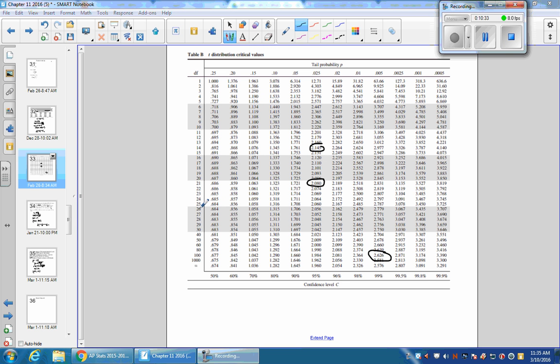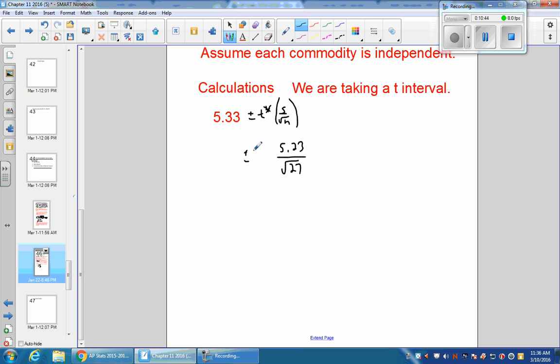You look at the n is 27, we go back to 26, you go to 90% confidence interval, and that's 1.706. And now we just have to figure out the values.